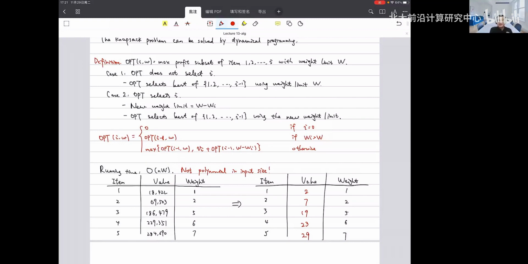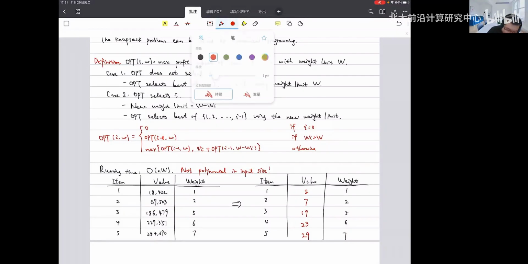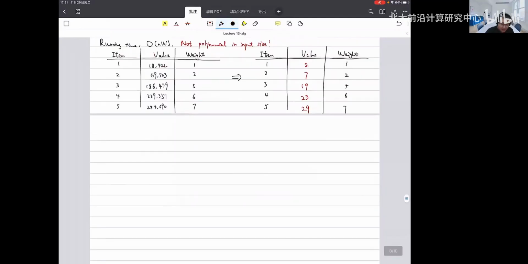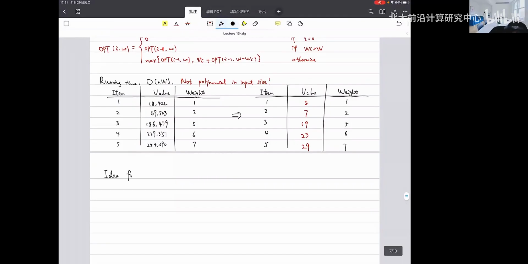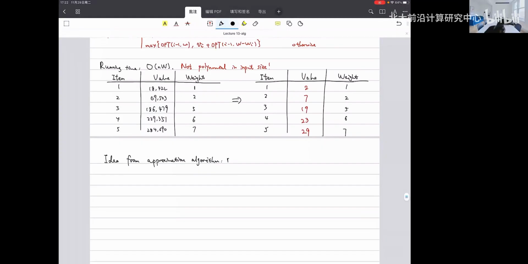But for such a problem, there exist very good approximation algorithms. In particular, the idea we can talk about here is that we can just round up all the values.